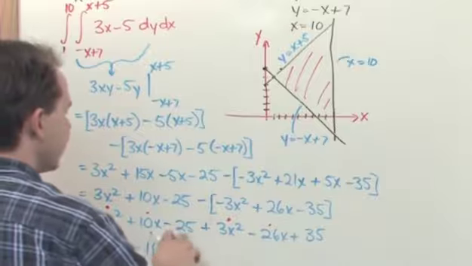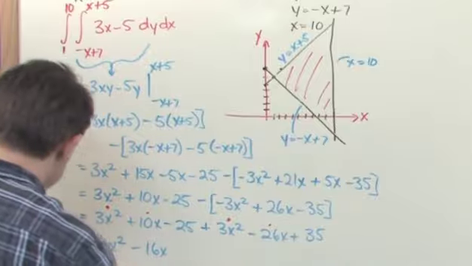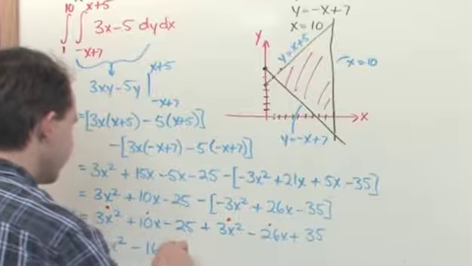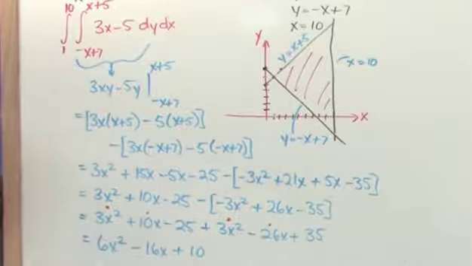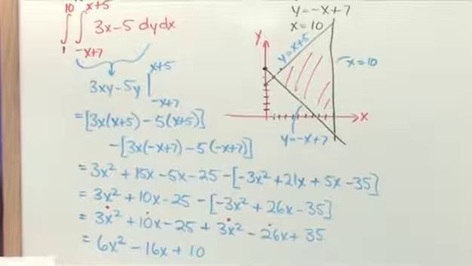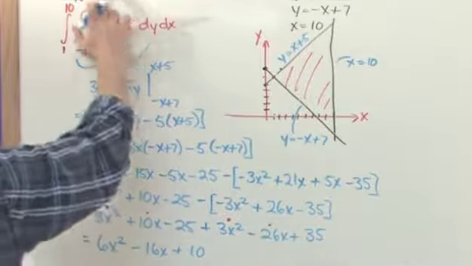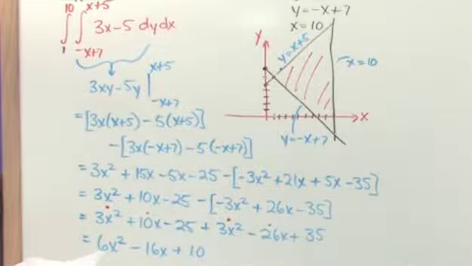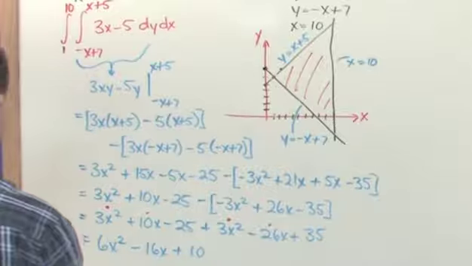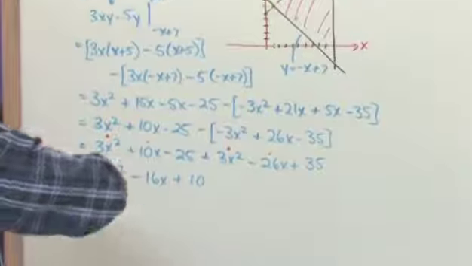And then here, negative 25 and 35 is going to give me plus 10. So finally, 6x squared minus 16x plus 10. This is the solution to this inner integral right here. Now what I need to do is take that and integrate it along this outer integral here. So I'm going to do that next.